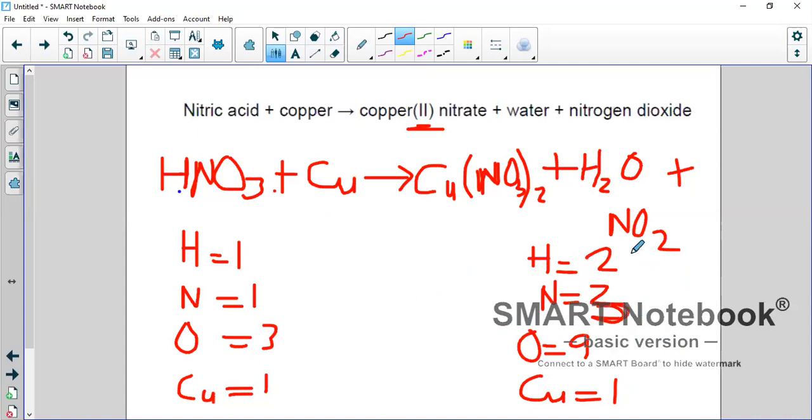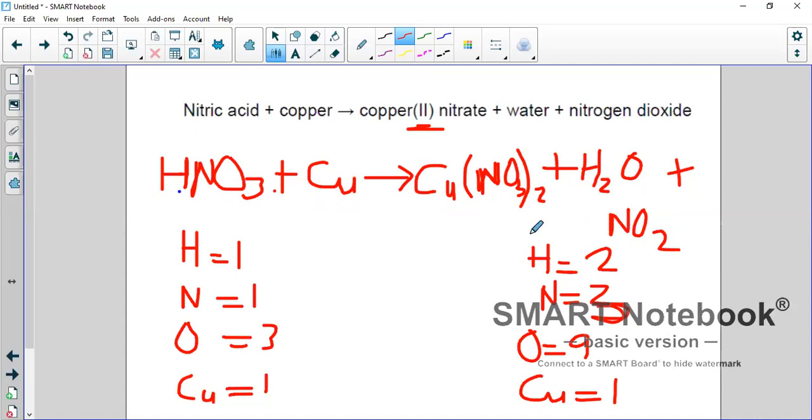So we're going to start by looking at the nitrogens. Nitrogen, we've got 3, and here we've got 1. If we put a 3 here, our hydrogen is going to be even numbers, so there's no way that will balance an odd number here. Hydrogen, we've got 2, here we've got 1, nitrogen we've got 3.